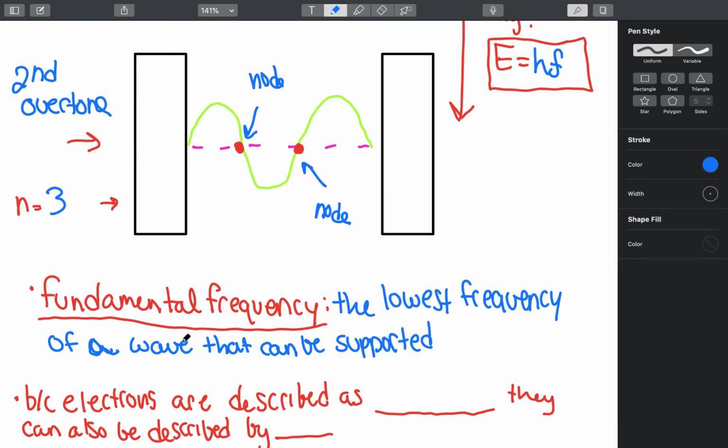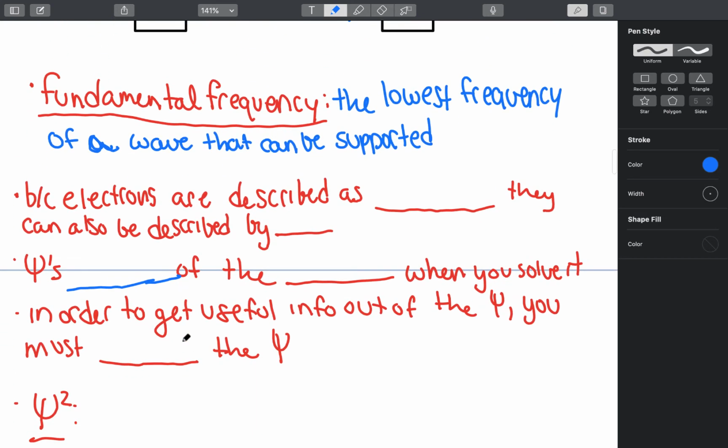So Schrödinger used this idea of standing waves and applied it to the electron within a hydrogen atom. Now recall that electrons can be described as waves. Because electrons are described as waves, they can also be described by wave functions.